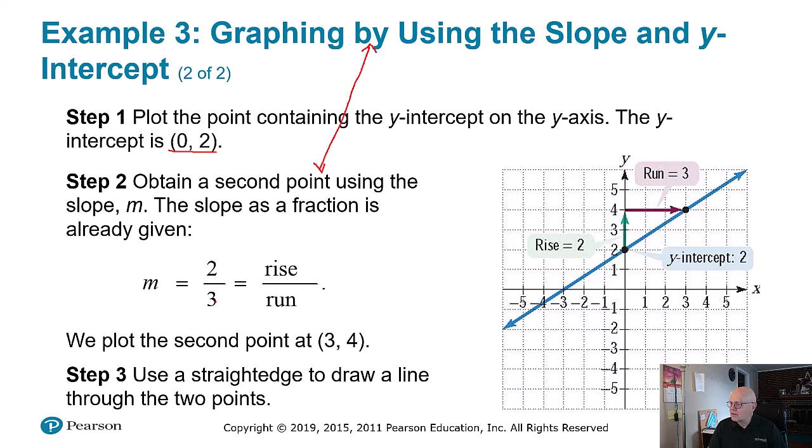And there's our graph. Here's the y-intercept and the rise over the run 2/3, going from one point to the next point, gives us additional points from which we can line up our straight edge and draw our line.